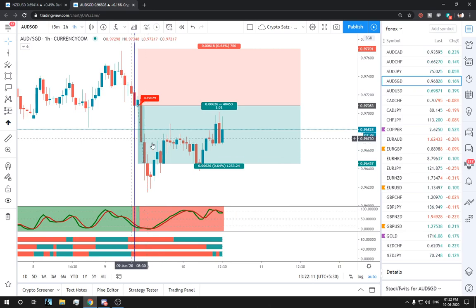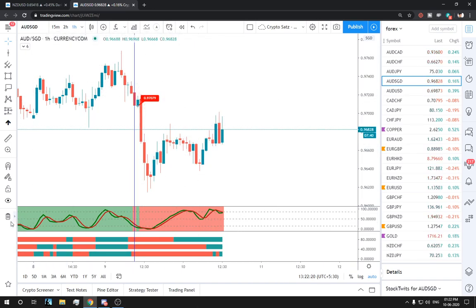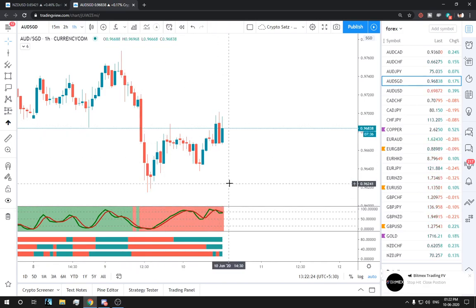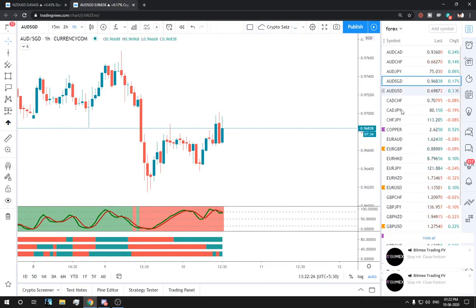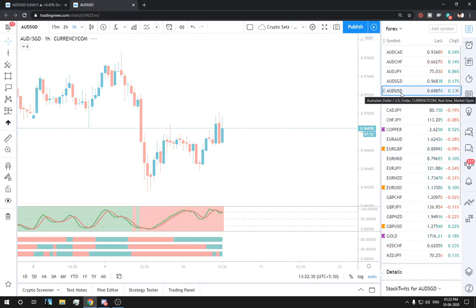You got your profits in the next 2 hours, which was a very good trade. As of now this short was complete and we are waiting for the next signal to take the trade. So let's move on to the next one, AUDUSD.